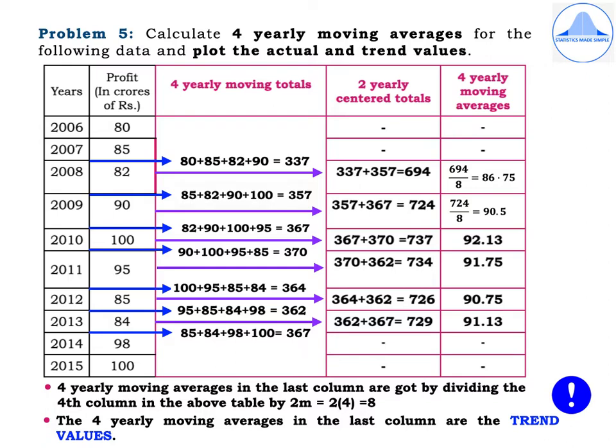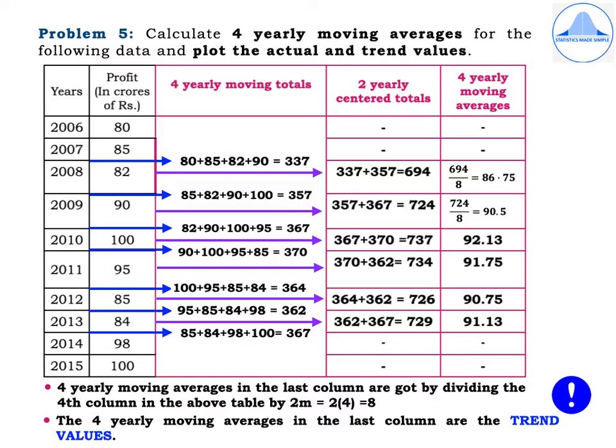Now in a similar way, find out the next 4 yearly moving total. How do you do that? Leave out the first profit, that is 80, and add the next 4. So add 85, 82, 90, 100 and you'll get 357, and the middle year for this is between 2008 and 2009, again which I have highlighted with a blue arrow.